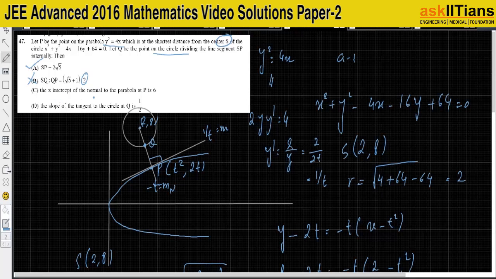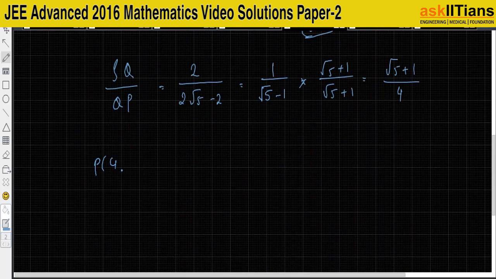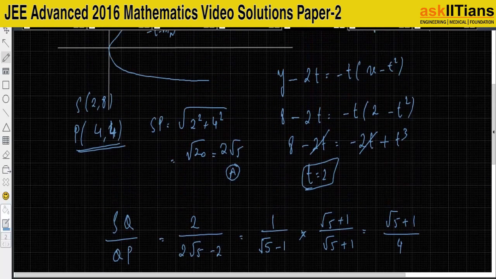The x intercept of the normal to the parabola at P is 6. Okay, so if I write down the normal to the parabola at P, what will be the equation of normal at 4, 4? This is the equation, right?